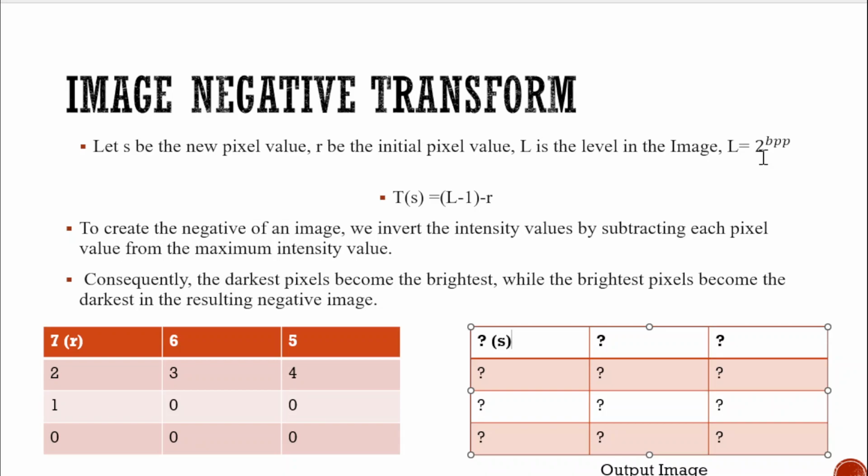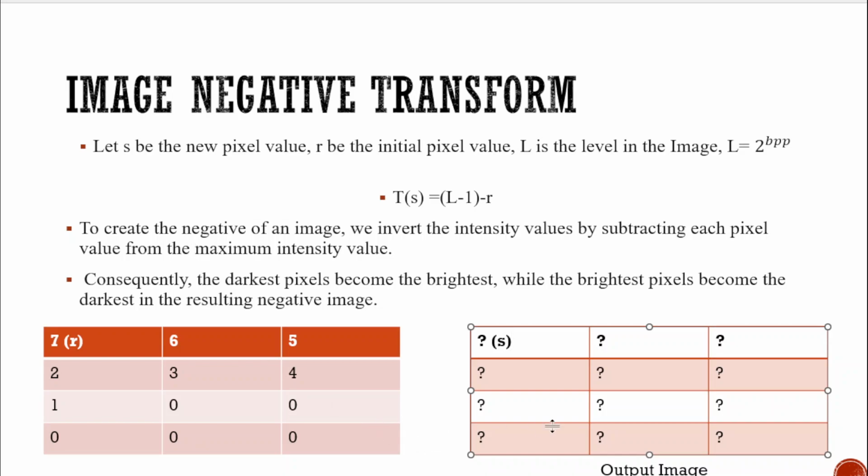Here BPP is 3, hence L is 8, and the formula for us becomes S equals 7 minus R. So to create a negative of an image, we invert the values by subtracting each pixel from the maximum intensity. Maximum intensity means the intensity which represents the white color.